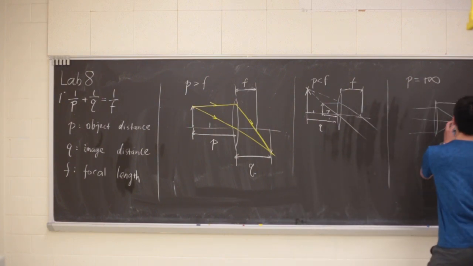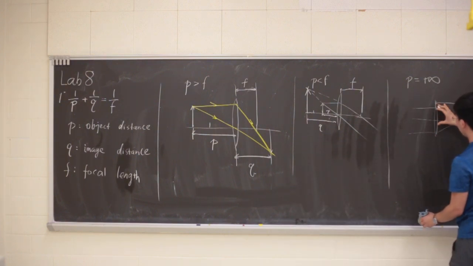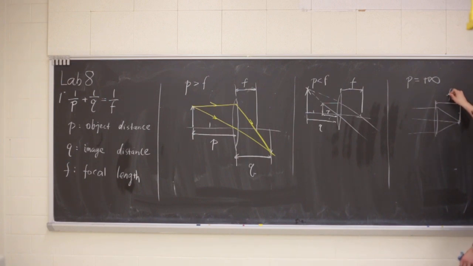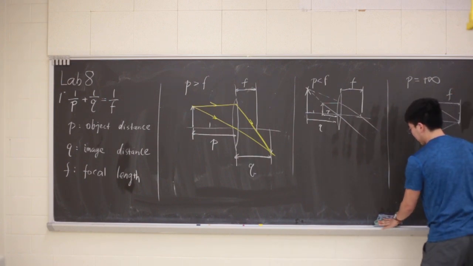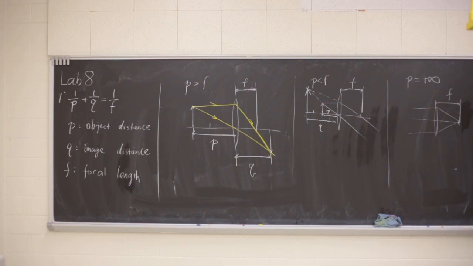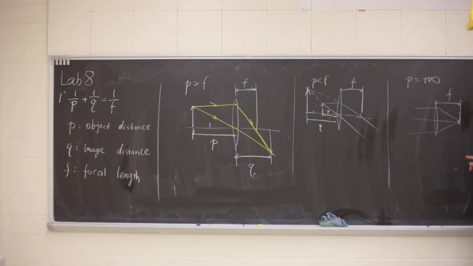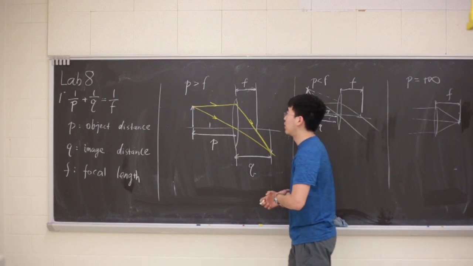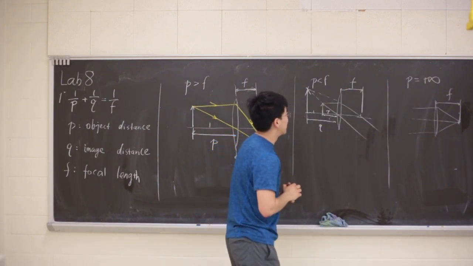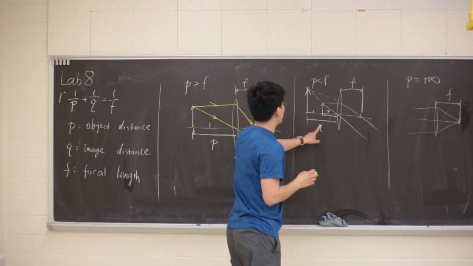Because you can essentially think of the sun as coming from infinity with respect to the scale of the focal length. So almost all the light will go to one point, which is quite hot at that point.